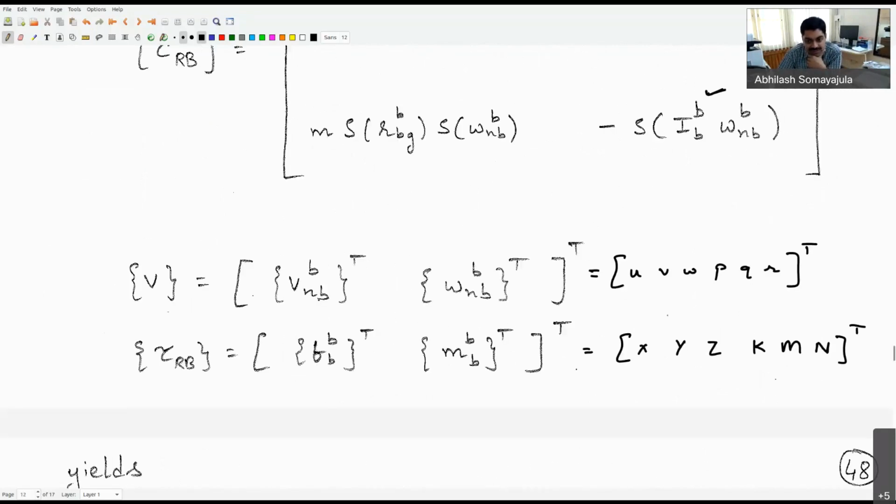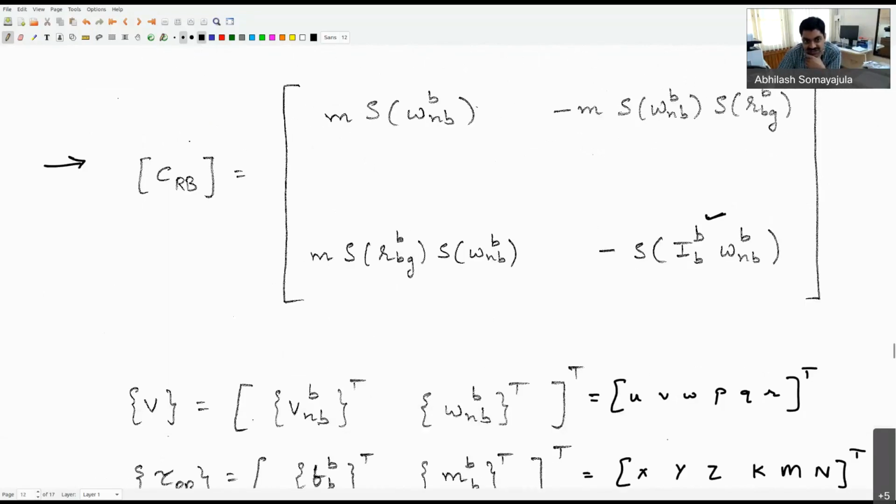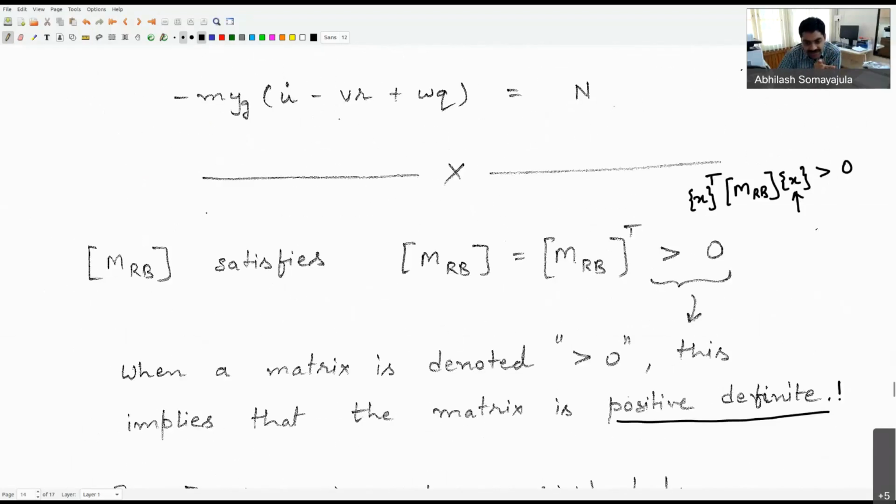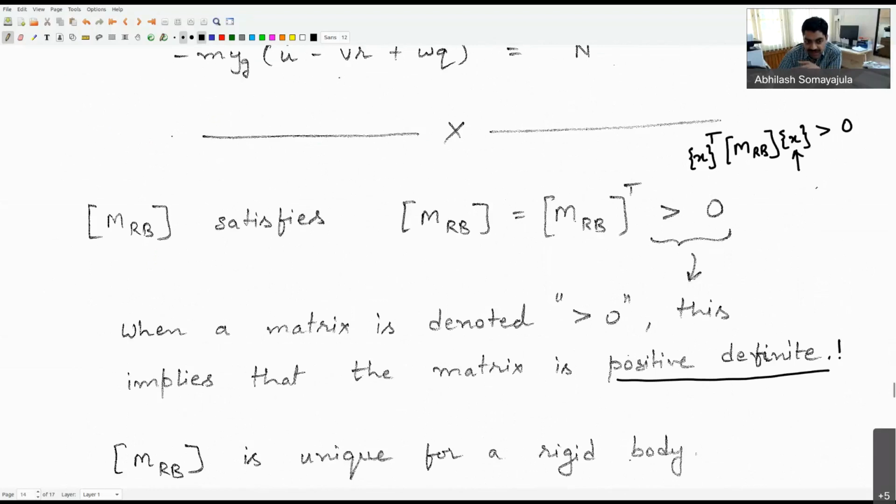There could be multiple different representations in which I can write down CRB and still it represents the same equations. Now we'll talk about that in the next class. So for now, we'll leave it here that MRB is unique, but CRB is not unique, and we'll look at a few other representations in the coming lecture.